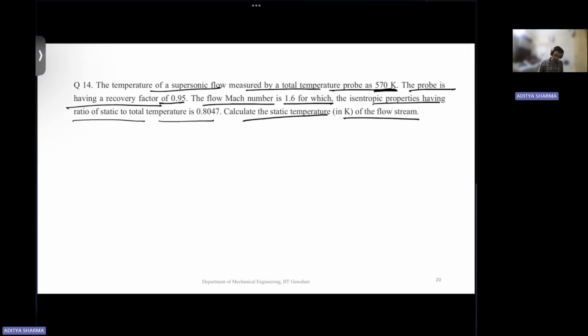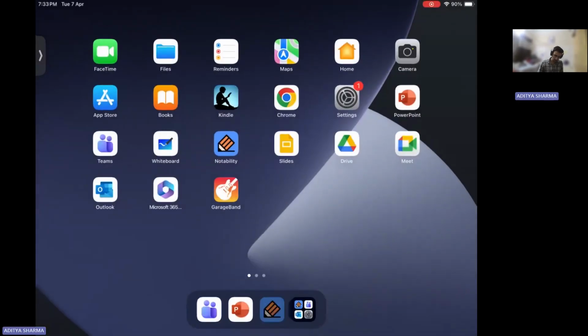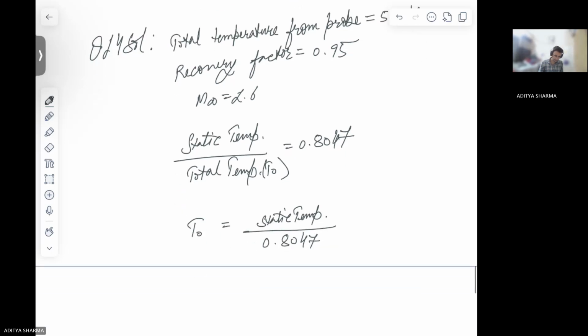If you see the question, it says that the static temperature in the flow stream you need to calculate, which basically is T infinity.